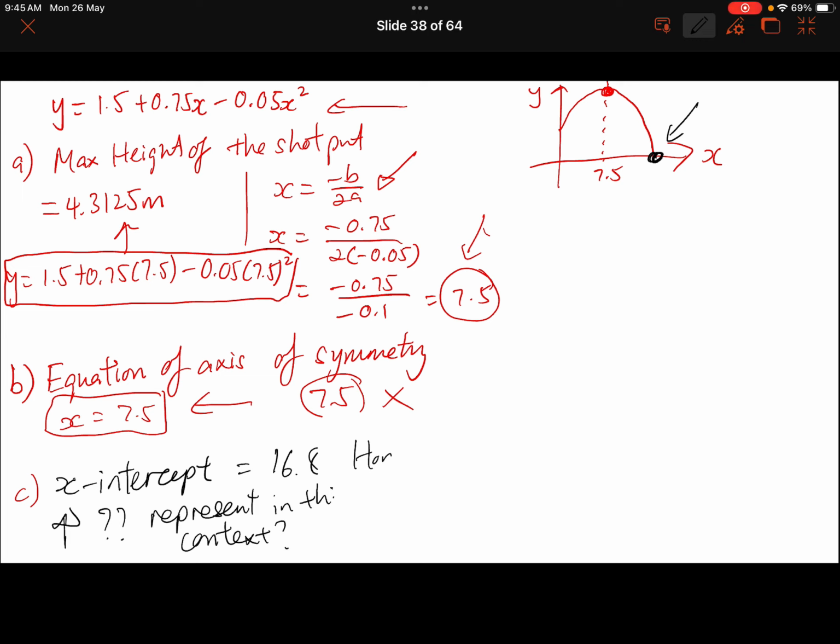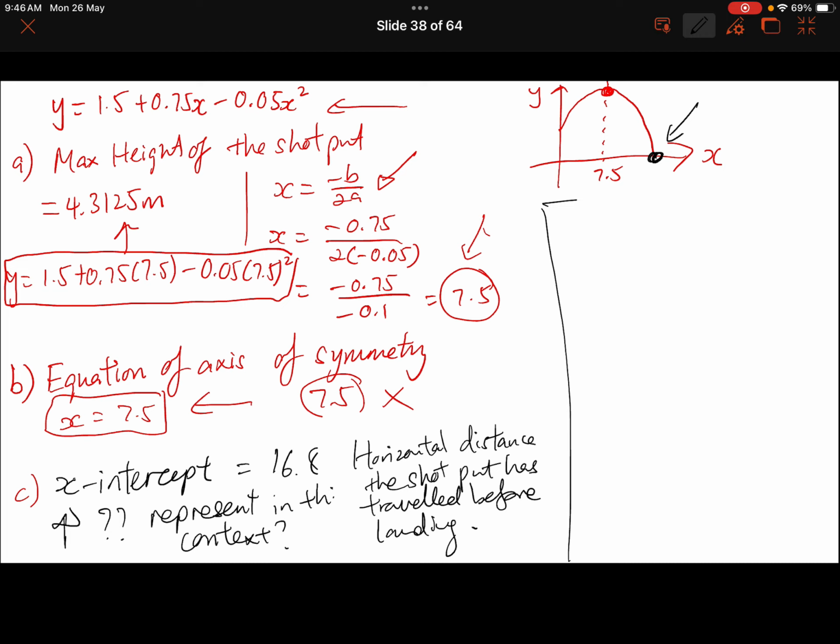So horizontal distance the shot put has traveled before landing. Okay, so I think that would generally explain what 16.8 means. Now let's move on to the last bit, which is part D, which is asking what this value represents, which is the y-intercept.